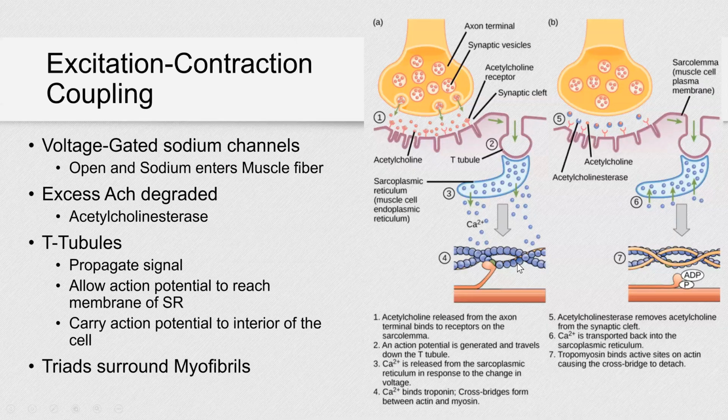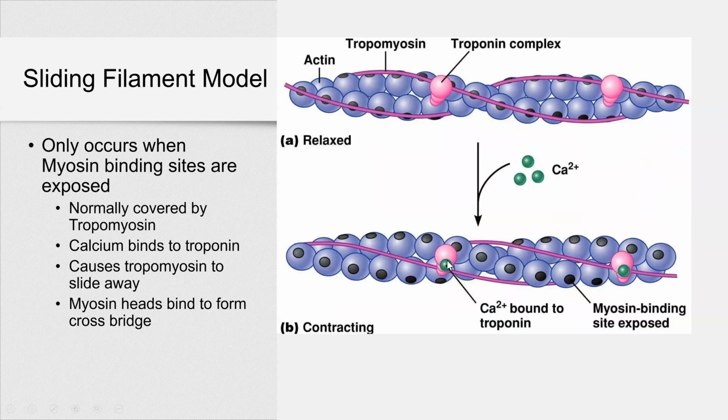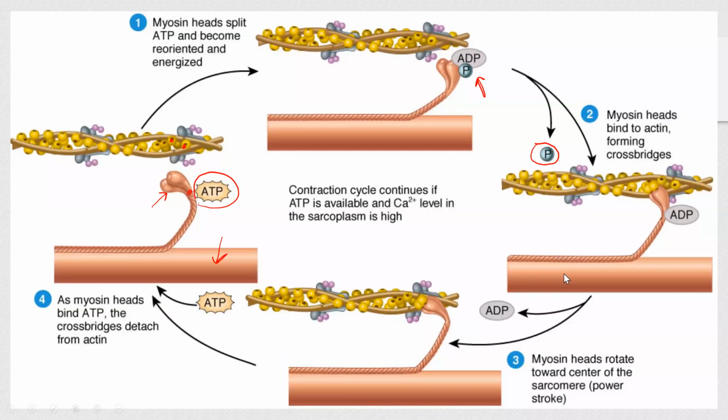Now we have calcium. Now when we have calcium, calcium attaches to troponin and moves away tropomyosin. Now when tropomyosin moved away from myosin binding sites, right, myosin will form cross bridges with actin, so we can have myosin grab on actin, right?